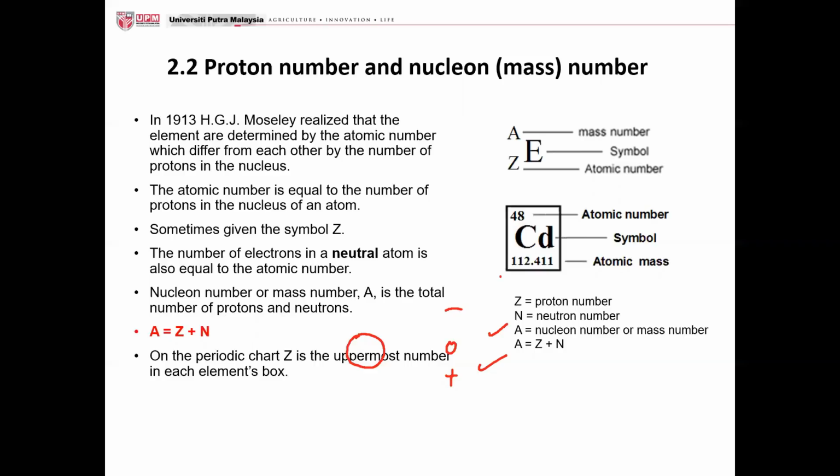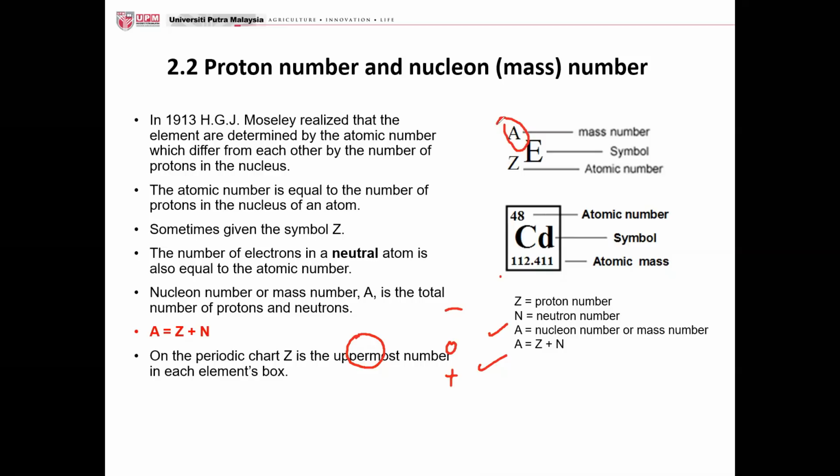So nuclear number or mass number, written as A here, is the total number of protons and neutrons.